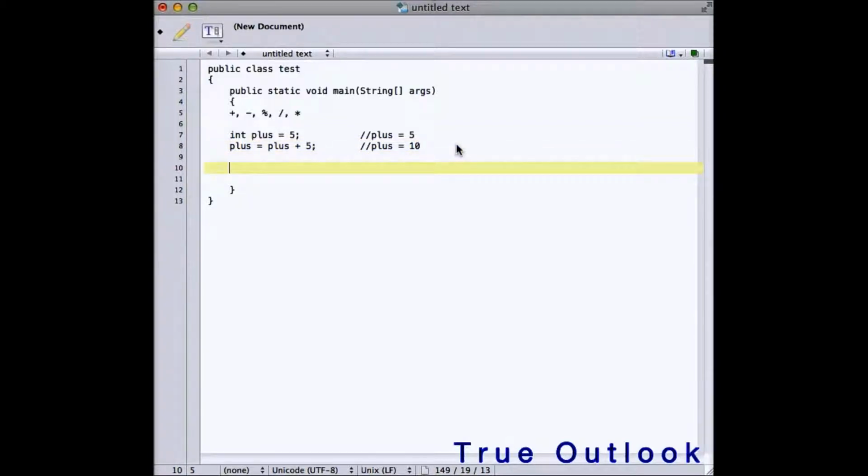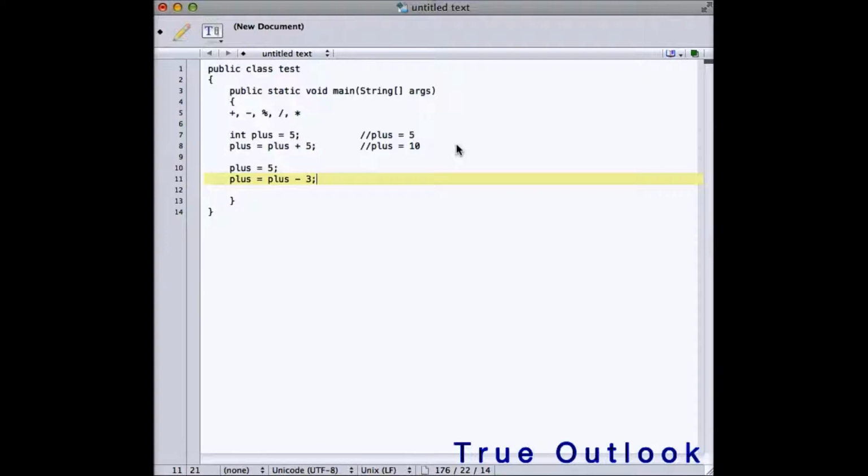So now we can reset the value back to the original and try for a minus. So plus is equal to plus minus 3. So here again, plus is equal to 5, and here plus is equal to 2, since you have minus 3.